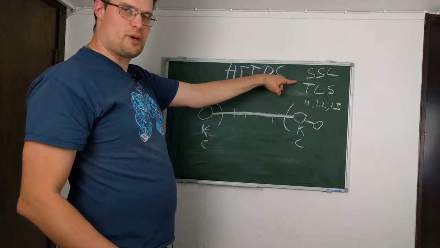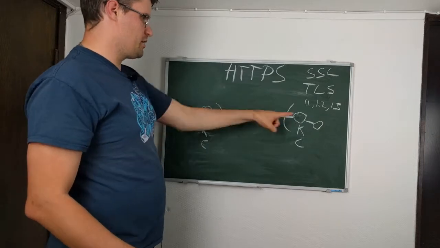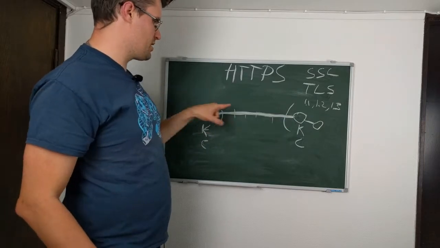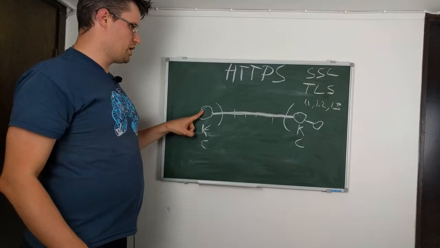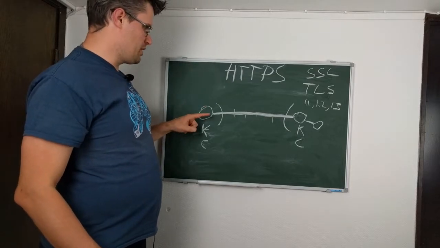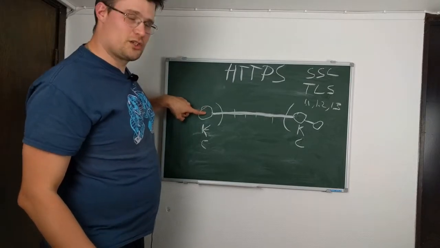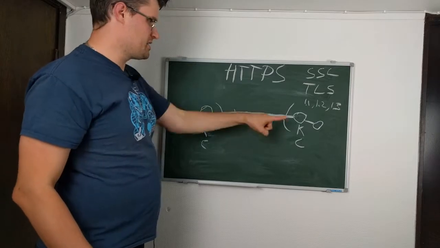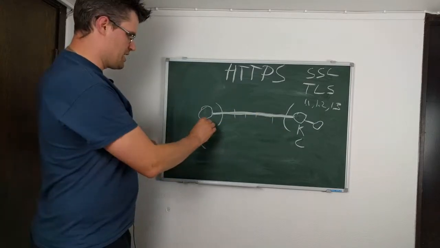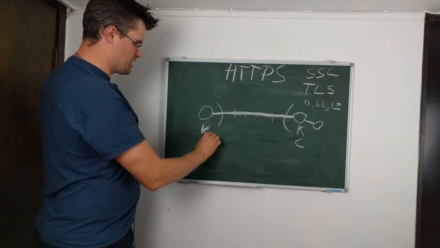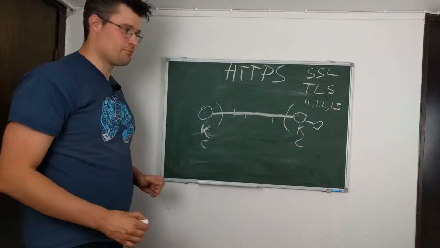We get a green bar and we create a connection to them, and when this connection is up, Google knows that the person they are talking to over here is the same person every time, because they are talking over the same connection with the same key.